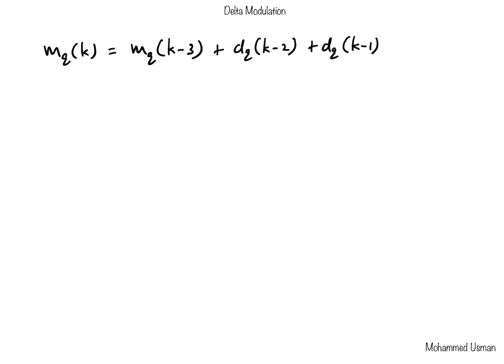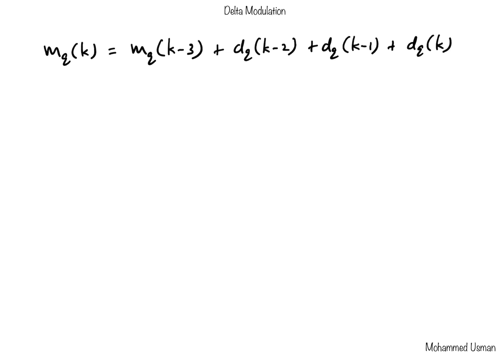So we have mq[k] equal to mq[k-3] plus dq[k-2] plus dq[k-1] plus dq[k], and so on.